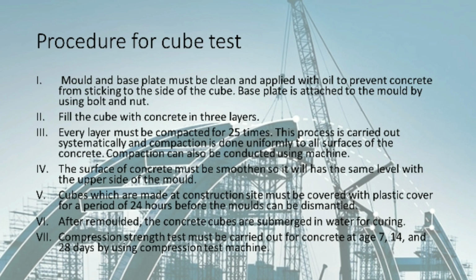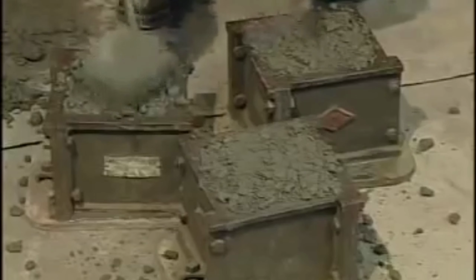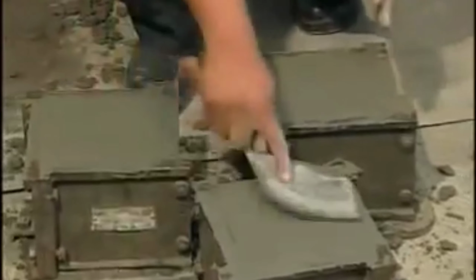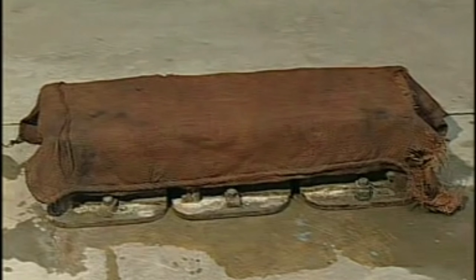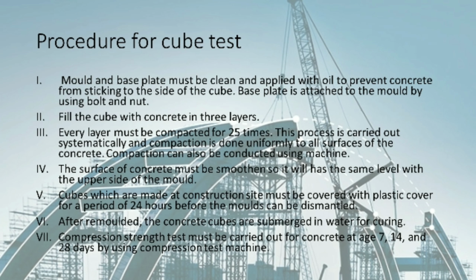conducted using a machine. And then the next step is the surface of the concrete must be smoothened so it will have the same level as the upper side of the mold. And then the cubes which are made at the construction site must be covered with plastic cover for a period of 24 hours before the molds can be dismantled.